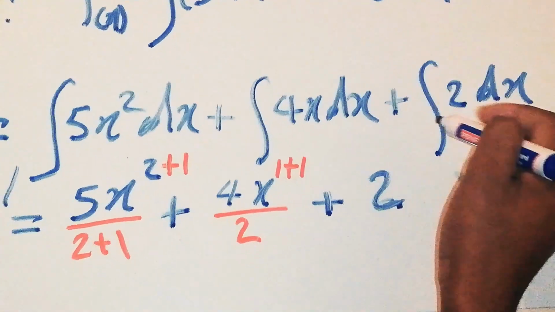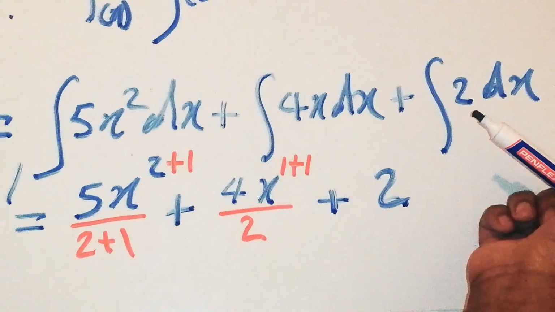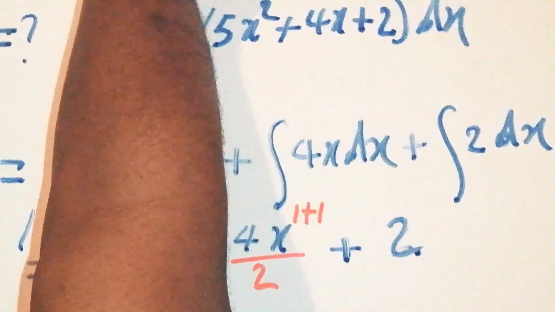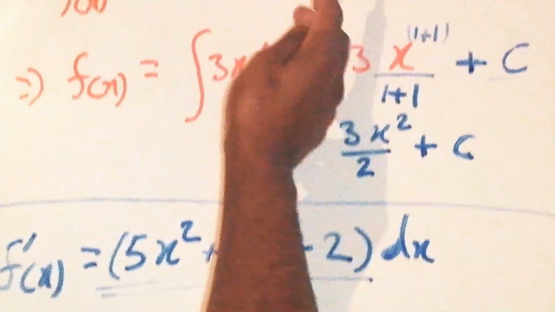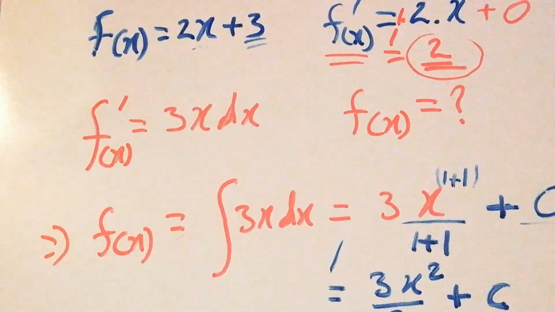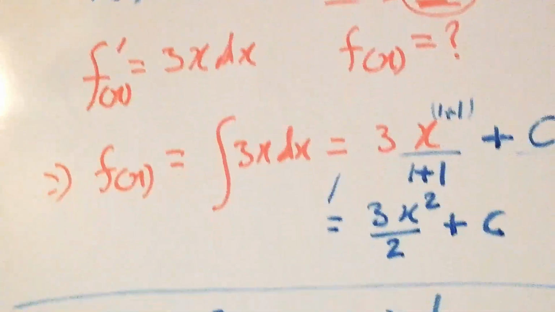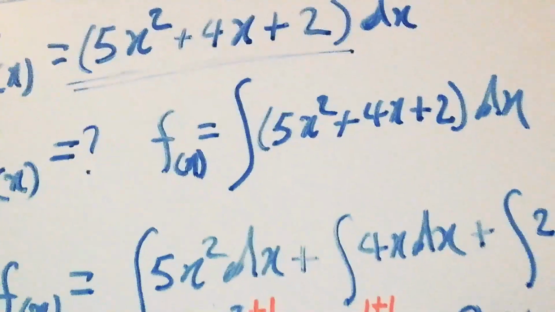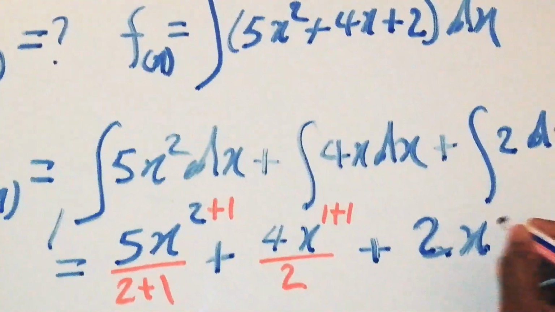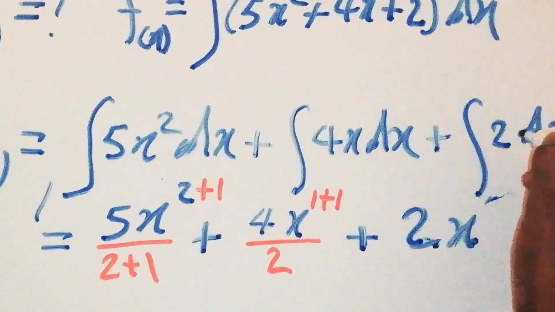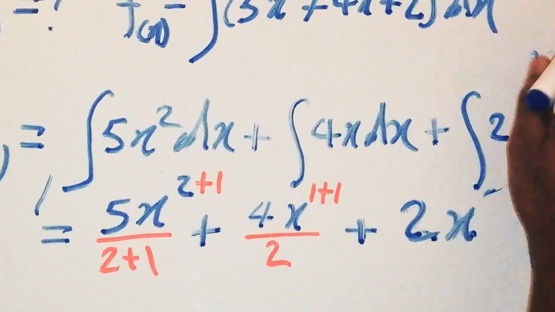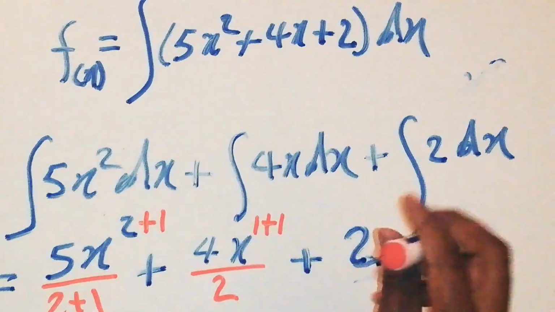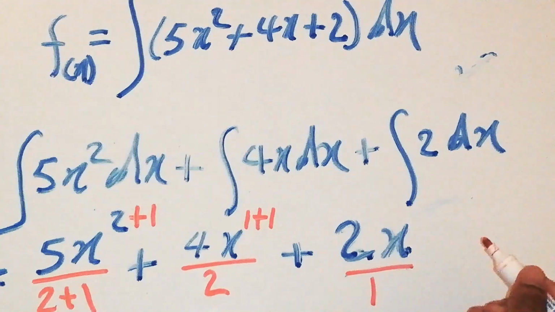Remember what I showed you in differentiation, you can see 2 is the same as 2x to the 0, that's where it was, so x to the 0 plus 1 gives me 1 there, which changes nothing.